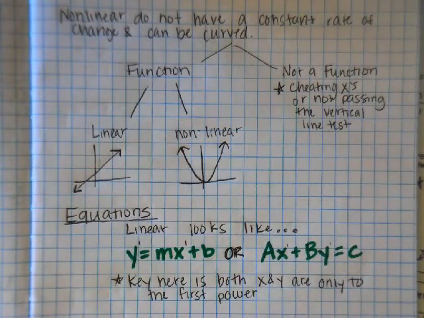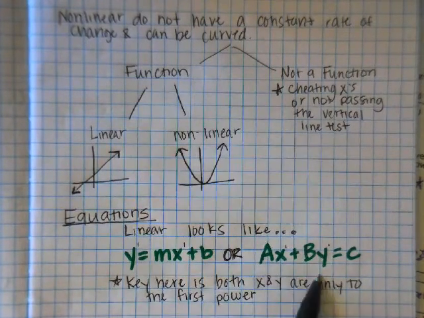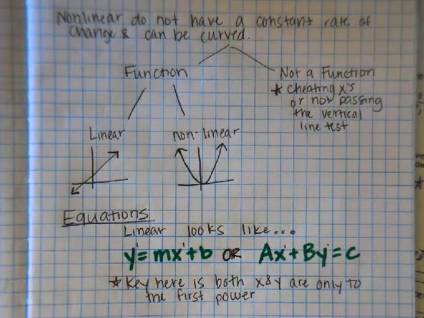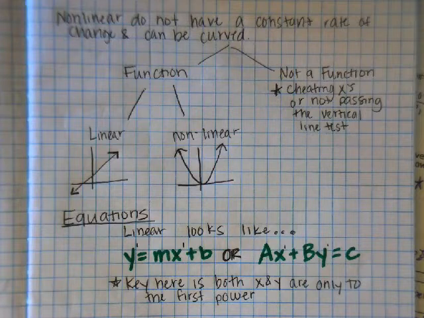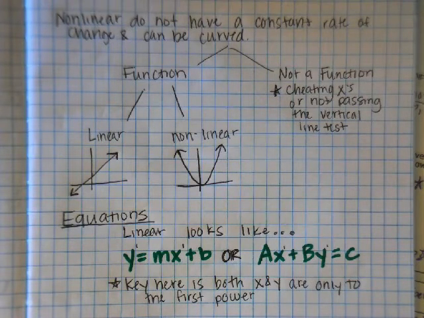You don't see it necessarily, but it's there, right? So anything that could be written like either one of these. So essentially, when you're looking at your equation, if you ever see an exponent on x or y, or a square root, then it's nonlinear.